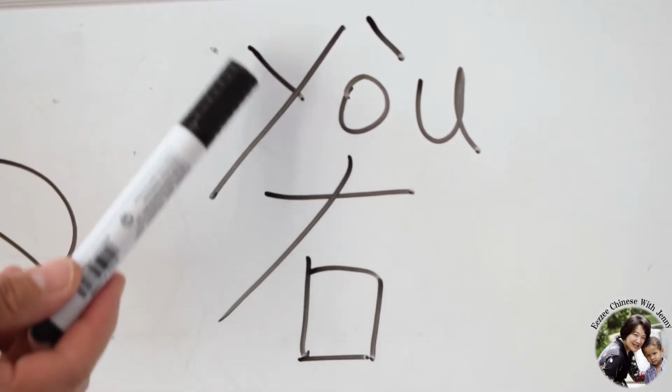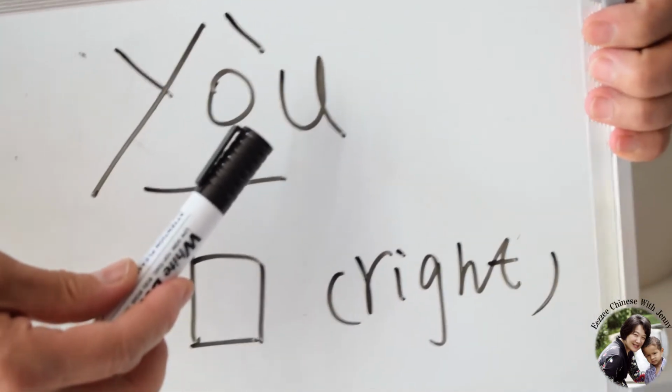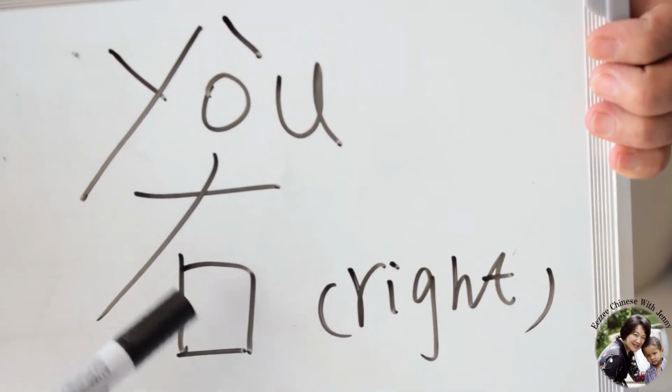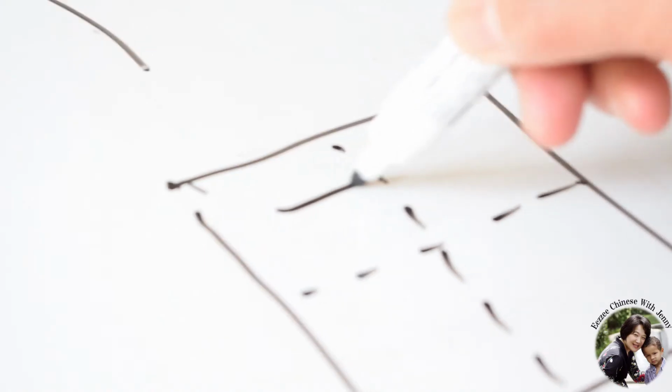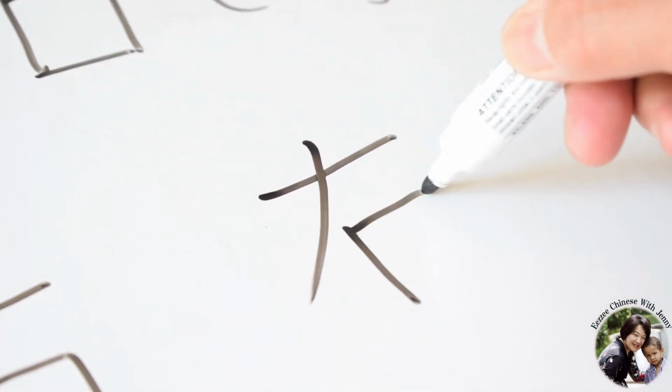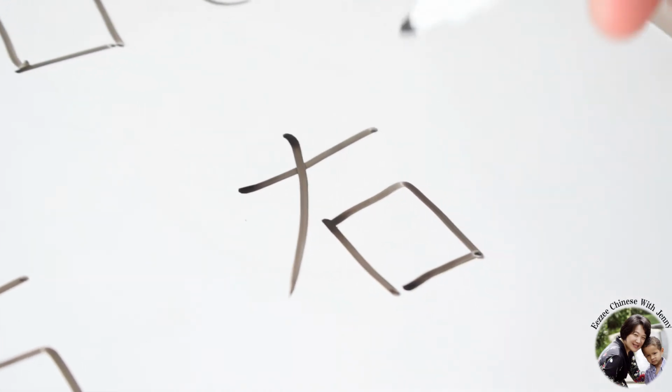Pronunciation is yòu, the fourth tone, means right. Remember, this is the simple version of hand. Add a mouth below, means right. Pronunciation yòu. First, second, and a mouth below it means right.